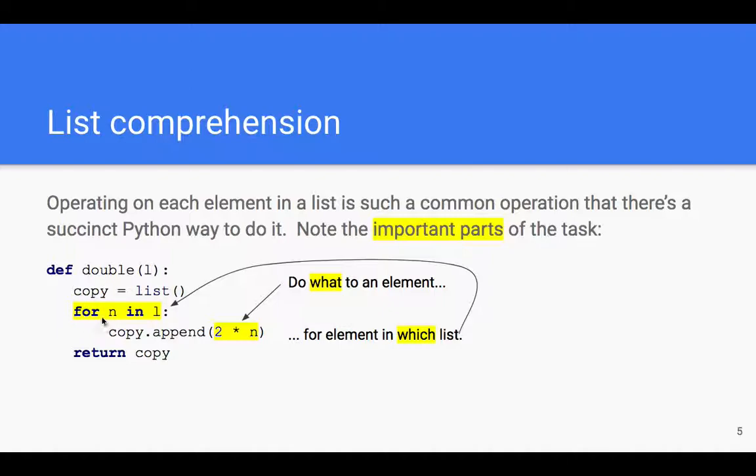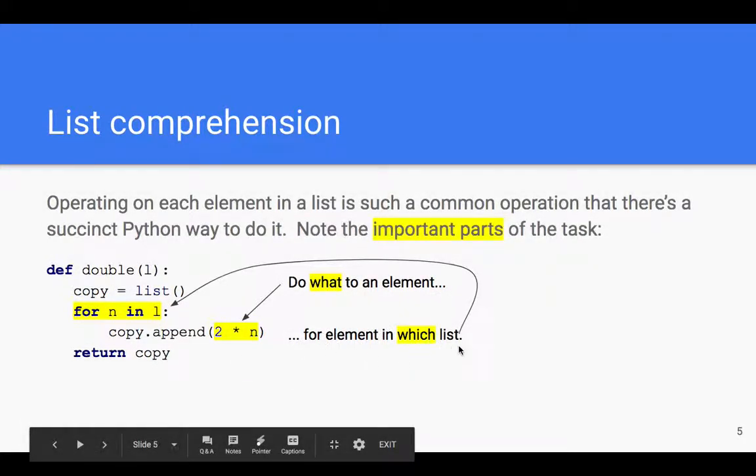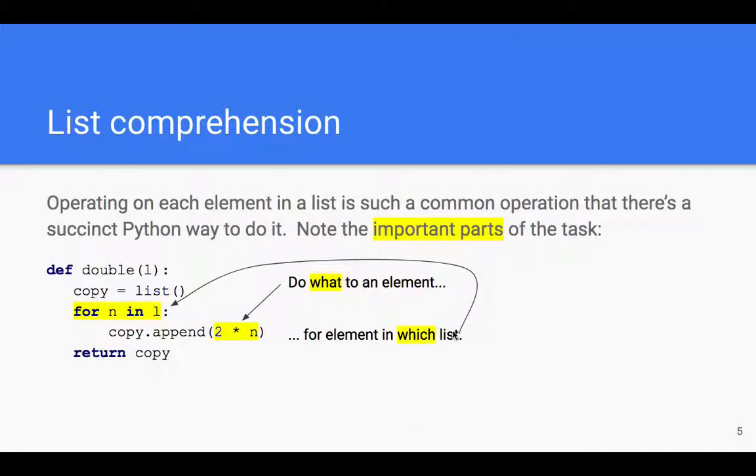So basically we have this thing, for all the numbers in the list, so that's for what element. And the second important part is what do we do with that element? In this case, we multiply that element by 2. We double the element.